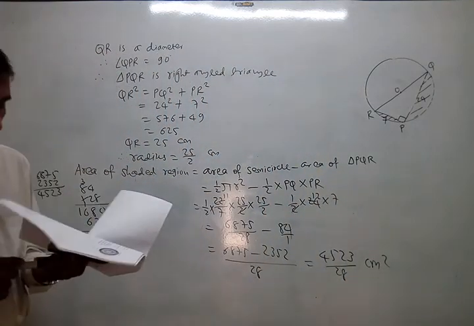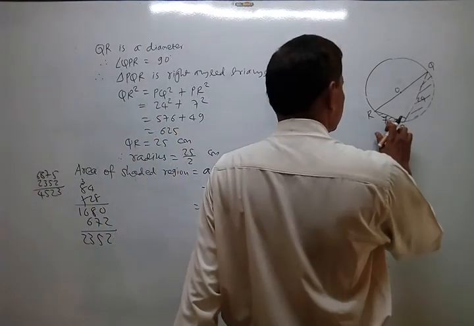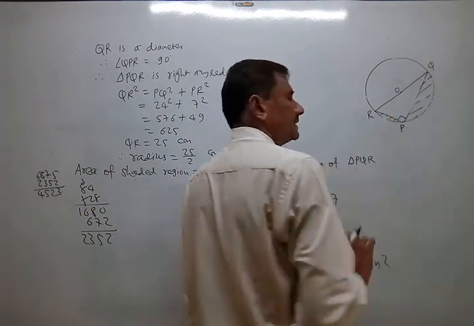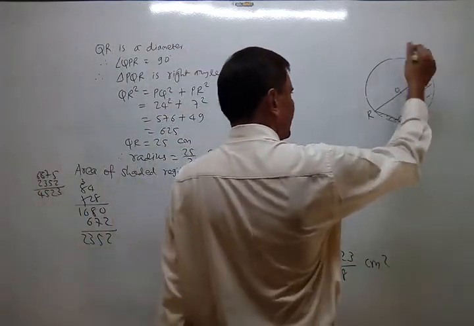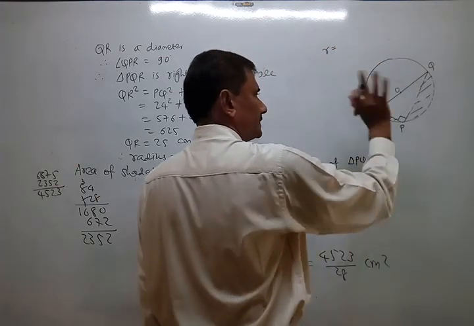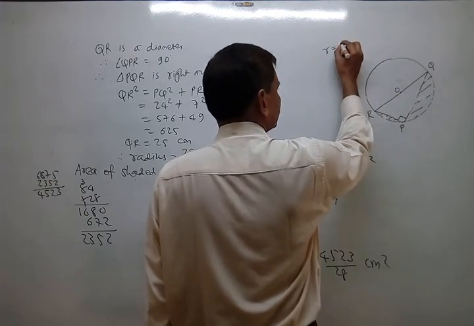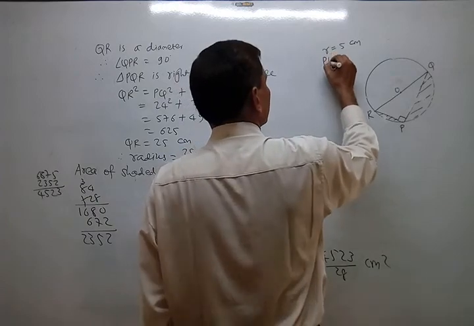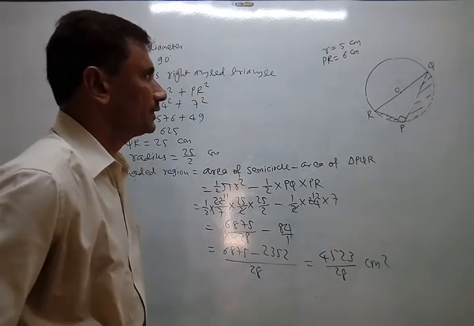Okay, understood? Now homework. Same figure, everything is okay, only the measurements are different. Only one sum I am giving to you. Radius equal to 5 centimeter, PR equal to 6 centimeter.